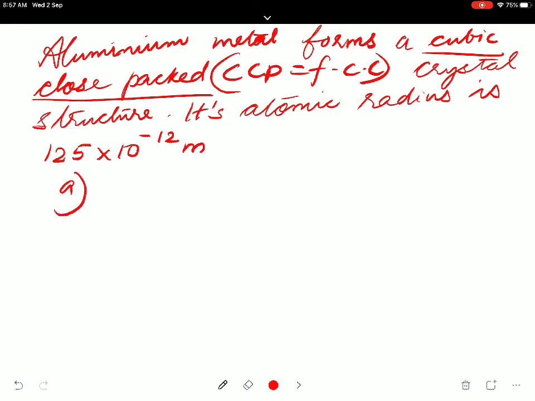A. Calculate the length of the side of the unit cell.